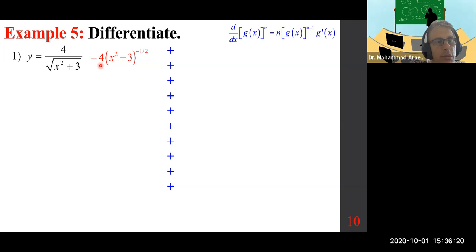So 4 times negative 1/2 becomes a coefficient. Same thing, whatever is in the parentheses, to the power of what? Subtract 1, negative 1/2 minus 1, which is negative 3/2, by the chain rule times the derivative of the inside, which is 2x. You're done.